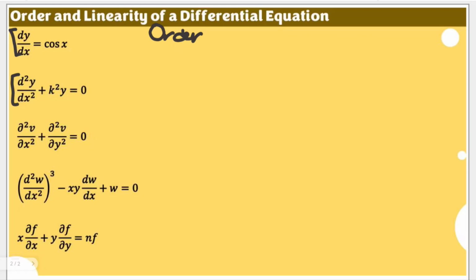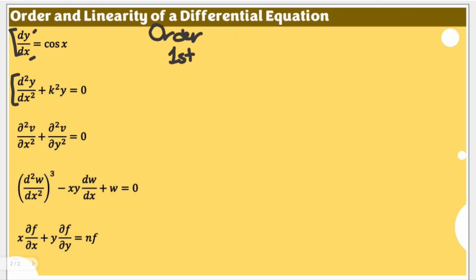This is obviously of first order, as you can see, because we have here the derivative of y with respect to x. That means we are just taking the first derivative and no other. Meaning the first order derivative of y with respect to x is equal to cosine x. So in terms of order, that's the first order.